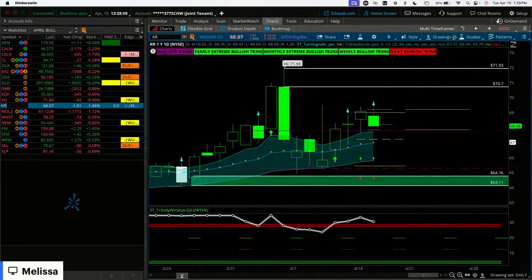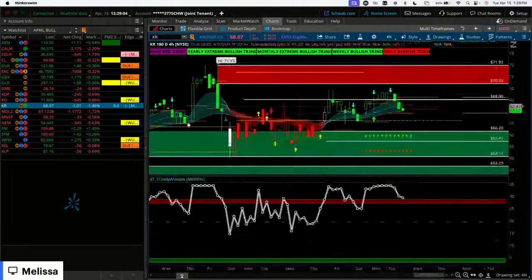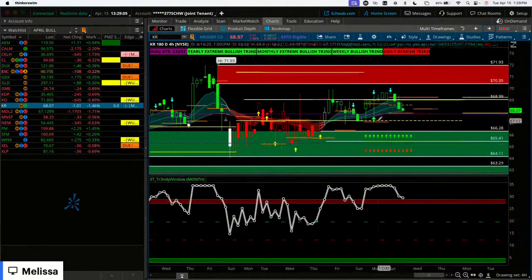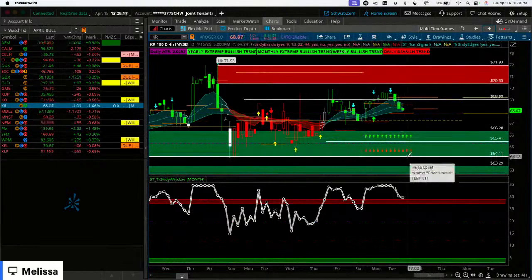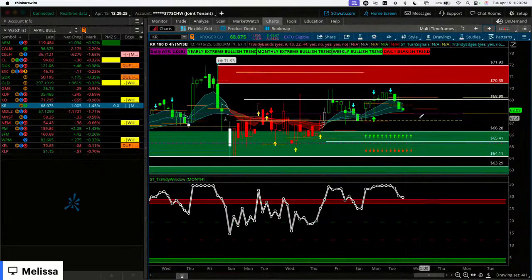As far as entries go for Kroger, an aggressive entry would be at or near 67.26, but demand down here at 66.20 by 64.11. So, those are some things that are on my watch list that I am interested in trading.